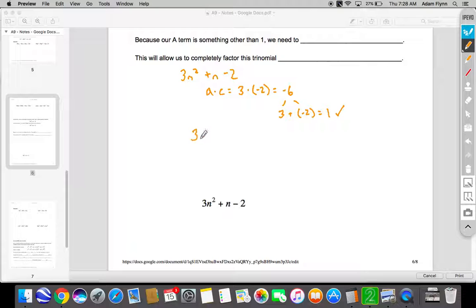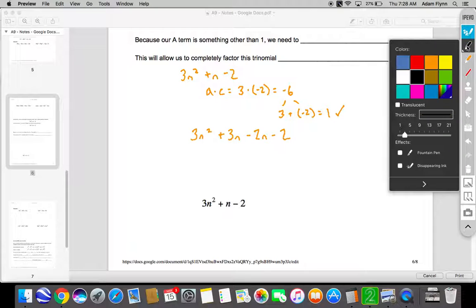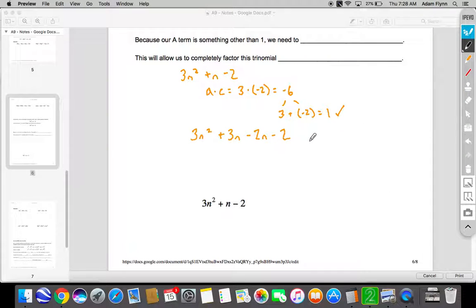So I have 3n squared, instead of n, I'll put plus 3n, the 3 coming from this factor, minus 2n, and then of course my minus 2. Okay, so now we have 4 terms, so we can factor by grouping.